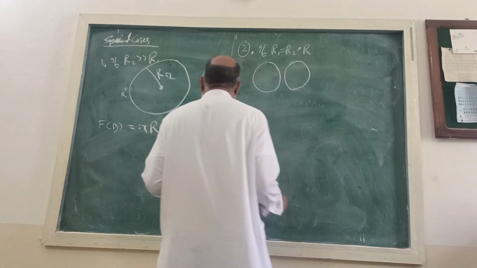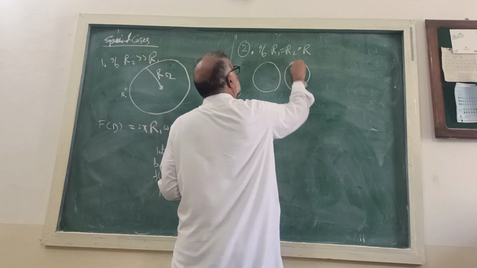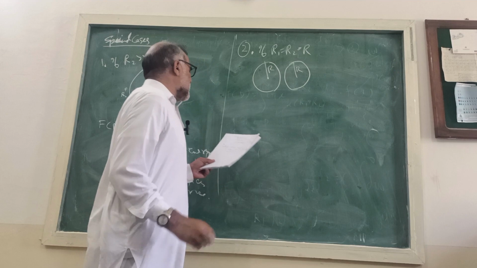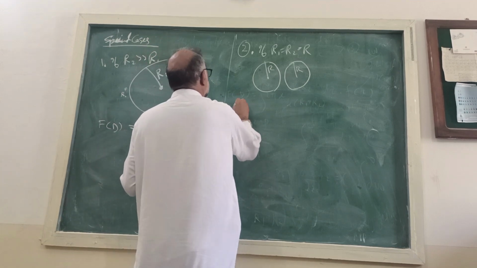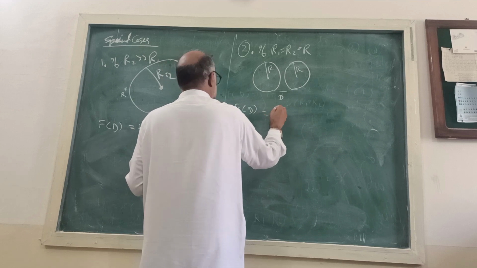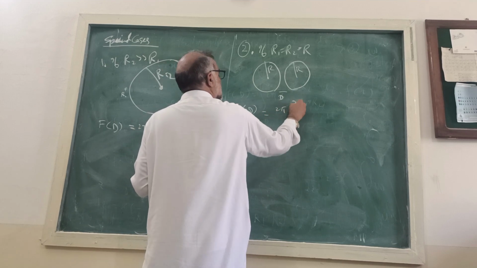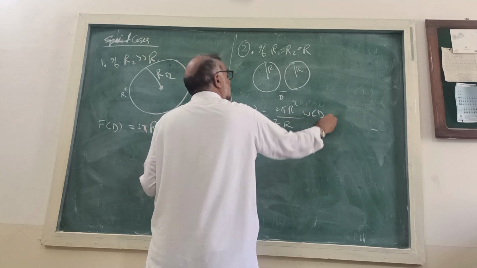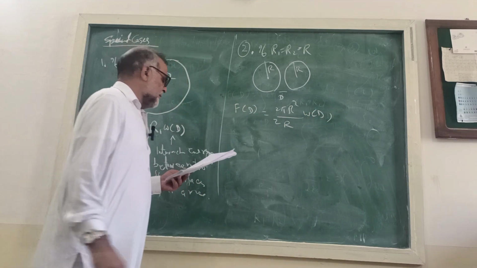Then the force at separation D will be equal to 2 pi R squared divided by 2R, times W(D).